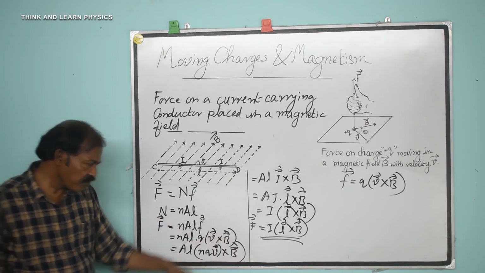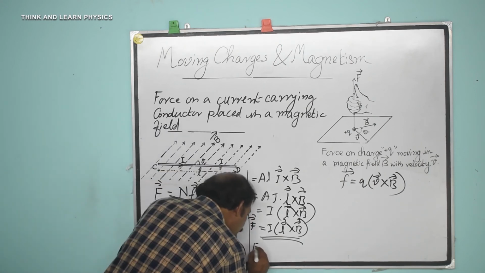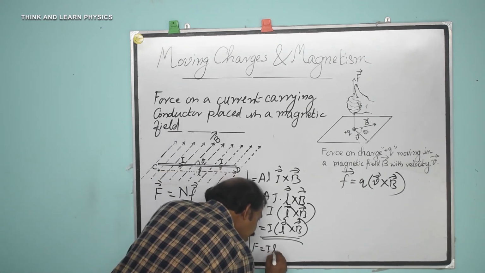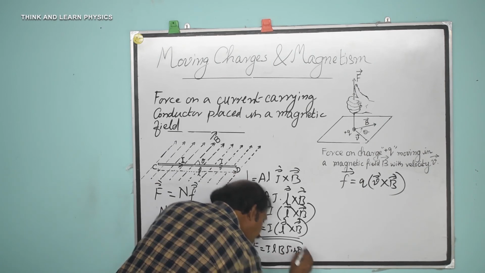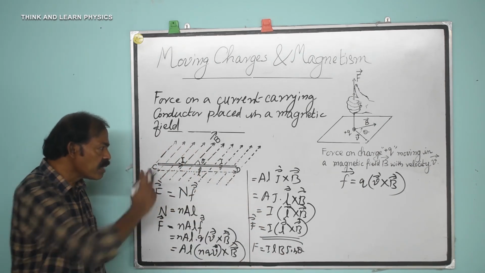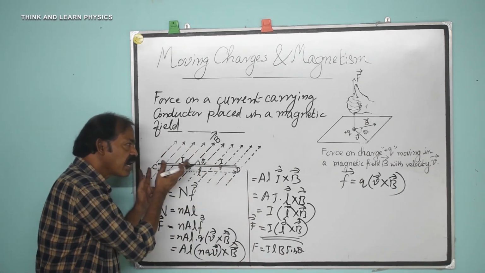Now the modulus of this force is given by F equals I L B sin theta, where theta is the angle between the direction of L vector and the B vector.